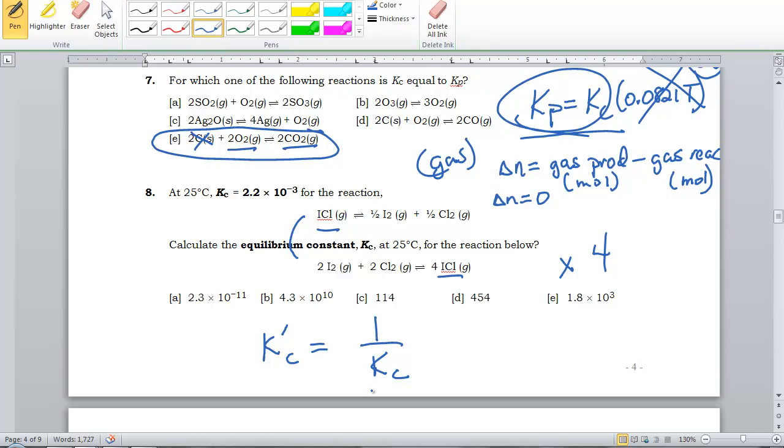So remember the general form of the equilibrium constant: products raised to the power of the coefficient over reactants raised to the power of the coefficient. So we have to do the same thing there, raised to the 4th power, since we multiplied the equation by 4. So in this case, we have to invert, or take the reciprocal, and we have to raise it to the 4th power.